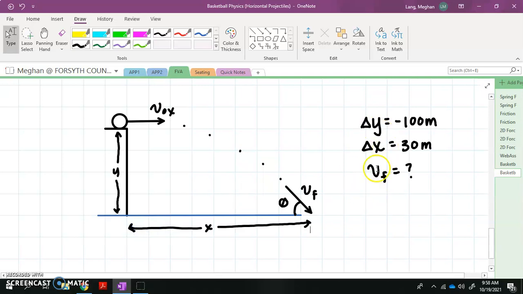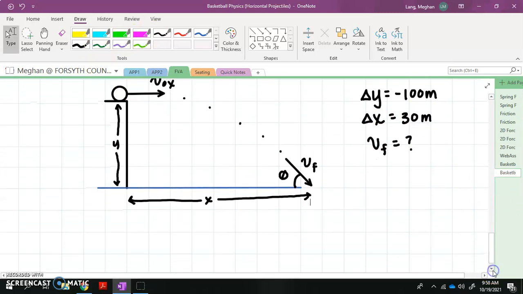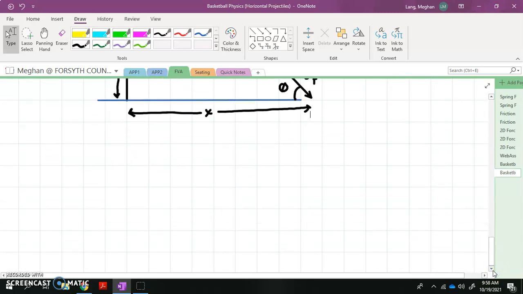So first thing I'm going to start with is trying to find how long it takes this object to reach the water. So knowing that time is going to be vital in being able to solve for the final velocity.